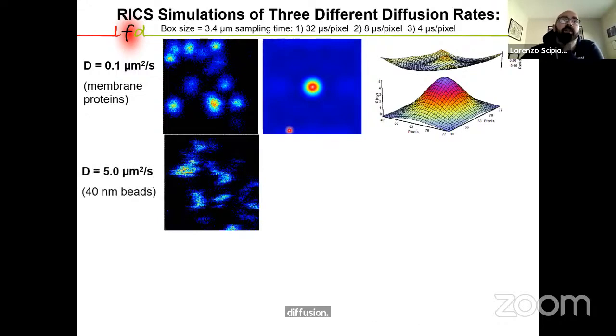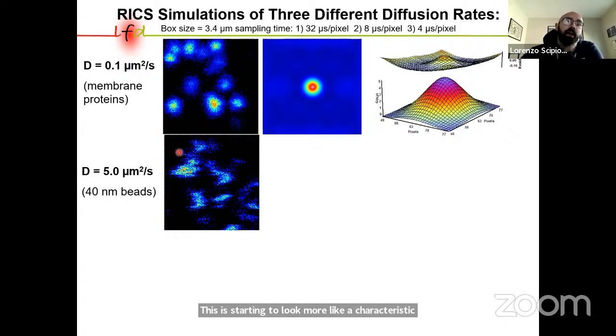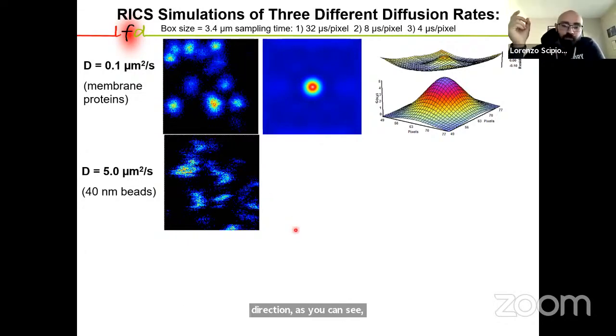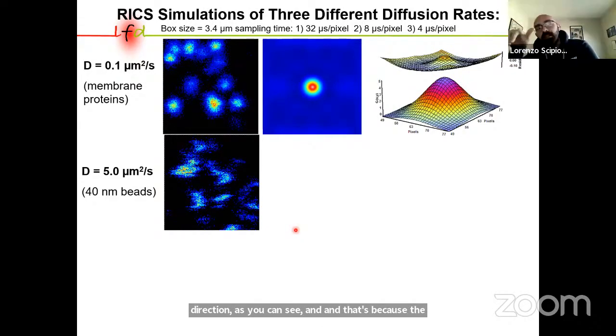If we take them a little bit faster, this is starting to look more like a characteristic RICS dataset, right? So you have all these streaks that are only in one direction, as you can see. And that's because the scanning speed in the X direction is much faster than the scanning speed in the Y direction.